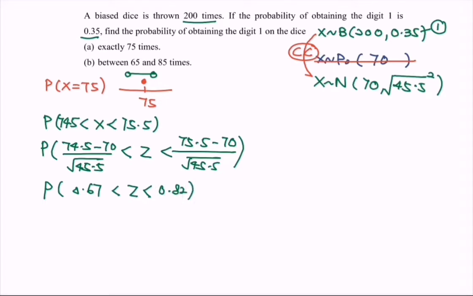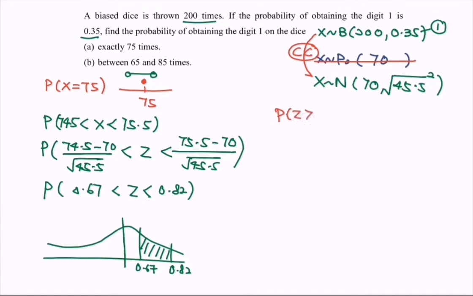Refer to the graph, where we have 0.67 and 0.82, shade the region. So create the formula: probability that Z greater than 0.67 minus probability that Z greater than 0.82.